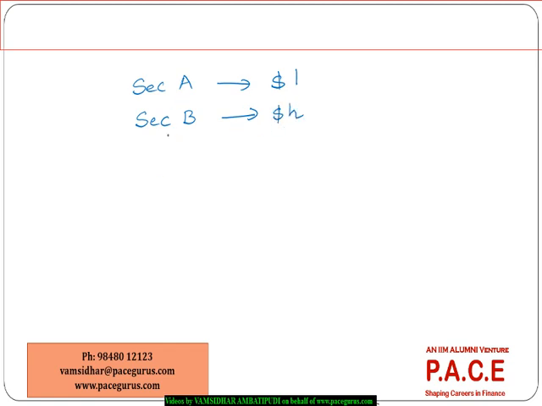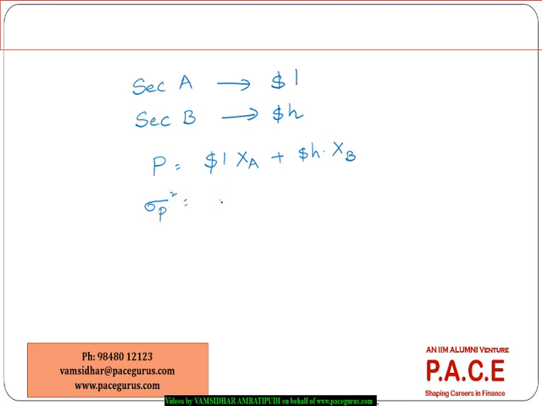of security B. So the net value of my portfolio is $1 of XA and H dollars of XB. This is what is the worth of my portfolio. Now, based on this, I can find out the variance of my portfolio. I want to minimize this variance, remember.